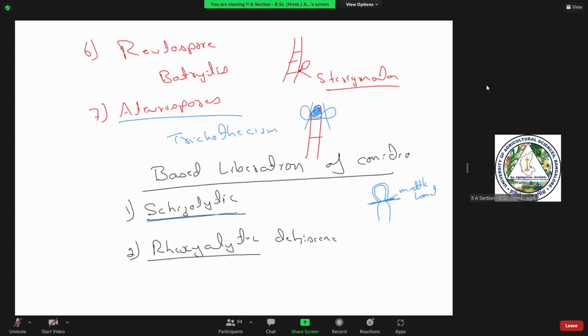In the case of rhizolytic dehiscence, if you see, the outer wall of the cell beneath the conidia, between the conidia, breaks here, and this becomes an independent conidium.